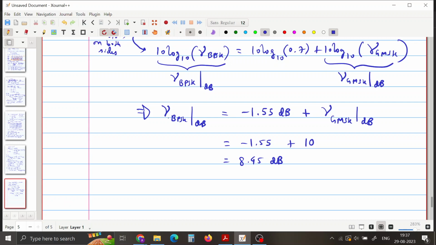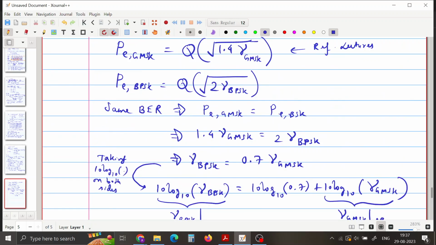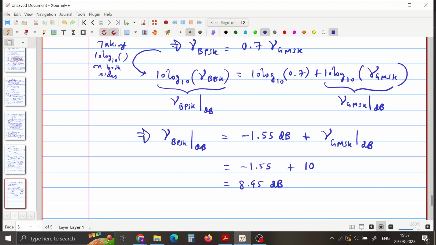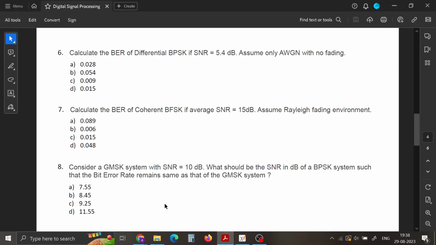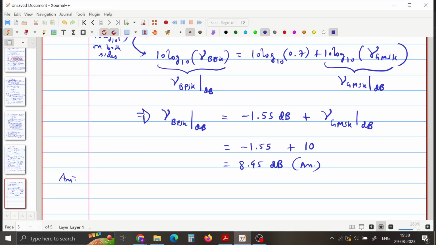This 1.55 is all that you need to remember, but I just showed how this margin comes simply by calculation. So this is your answer, and if you check the options, it is option B, 8.54. Straightforward.